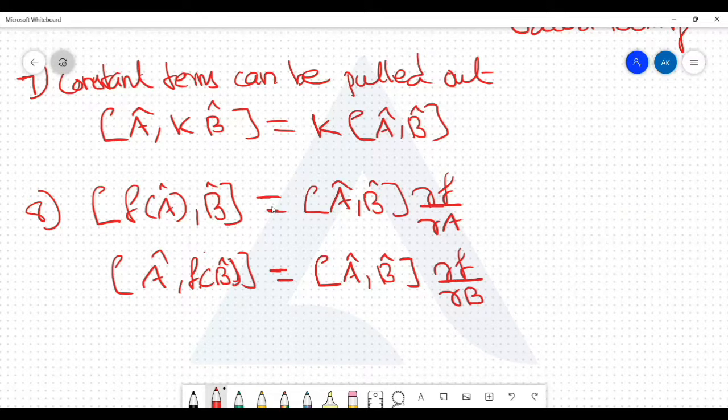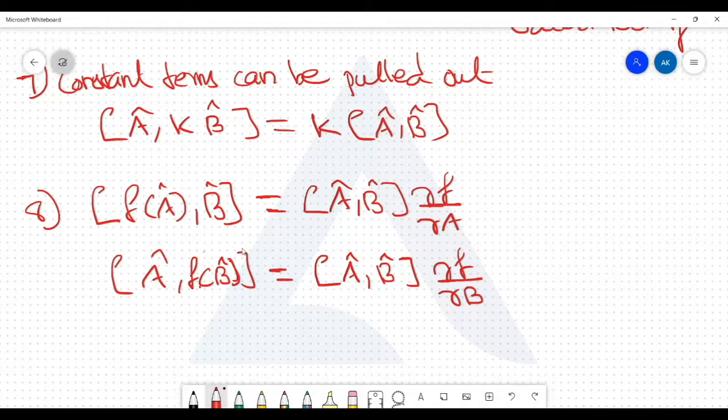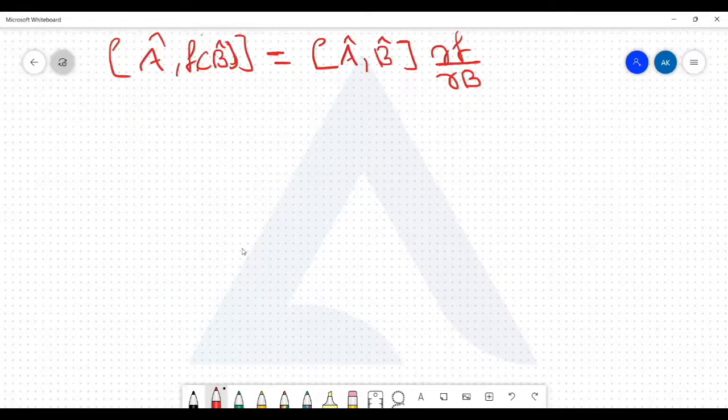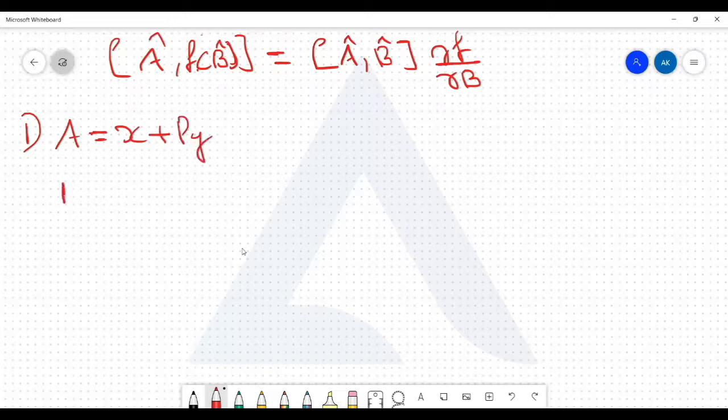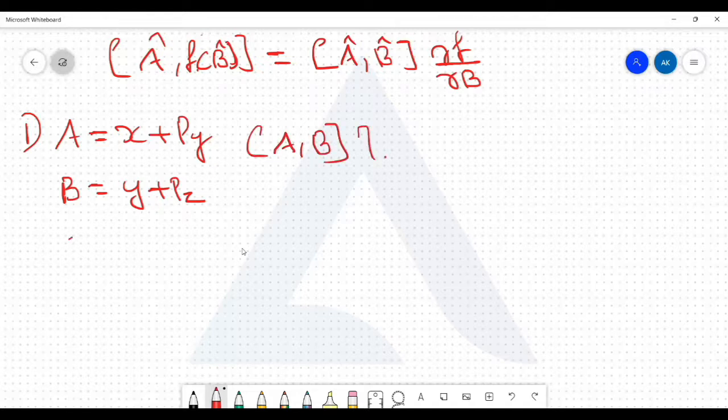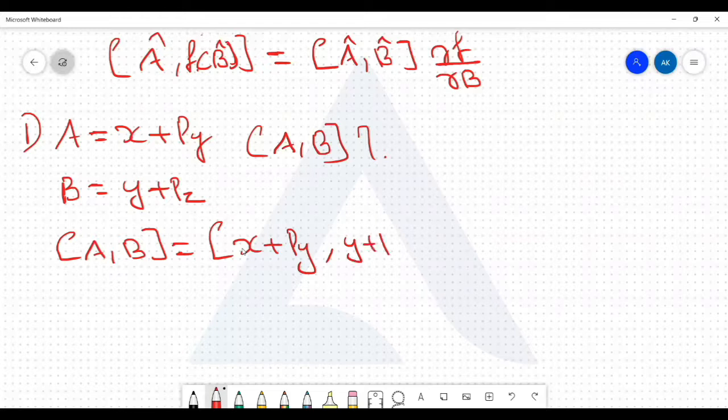Let me execute some problems based on these ideas first. The first question: let A equal x plus py, and B equal y plus pz. Then what is the commutator of AB? A commutator B is nothing but x plus py commutator y plus pz.